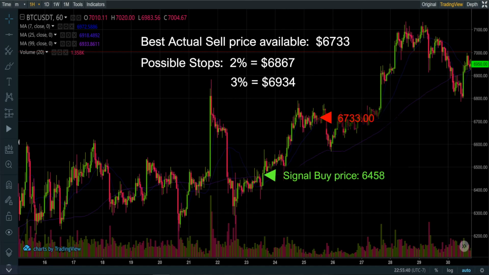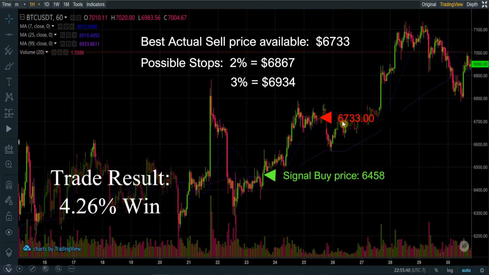So another $30 higher. So for people that have sometimes complaints that the delay in the signal's a bad thing, well, this one time it's actually a very good thing because you could have actually sold your position quite higher. But for this scenario, I'm going to go with the signal price. Total win for this trade is 4.26%. Sweet.